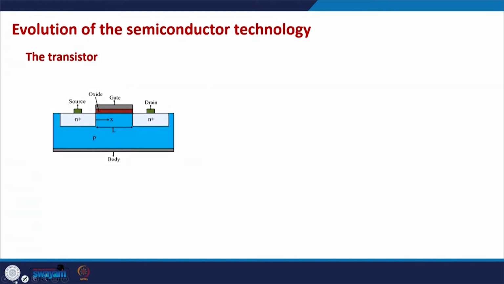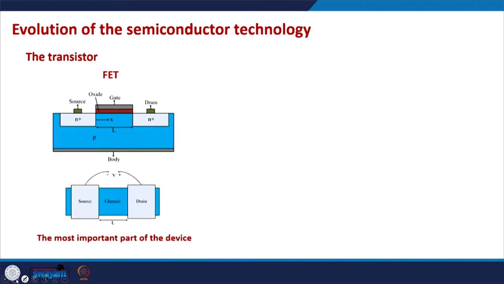Okay. So let's see how this has evolved over the years. The most important part of the device is the active region, essentially the region between the source contact and the drain contact, known as the channel region.